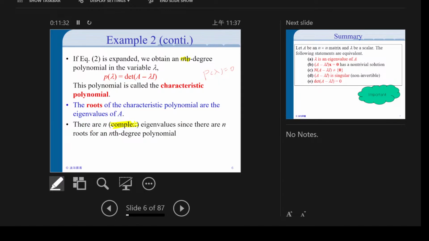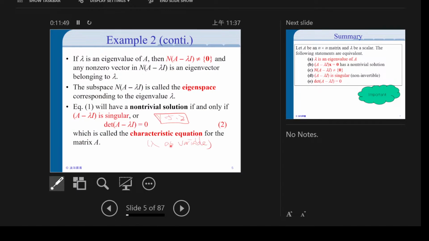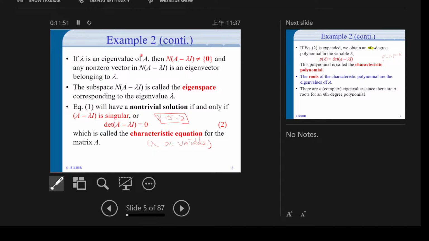So eigenvalues will take care of complex numbers, because we will have n complex eigenvalues.